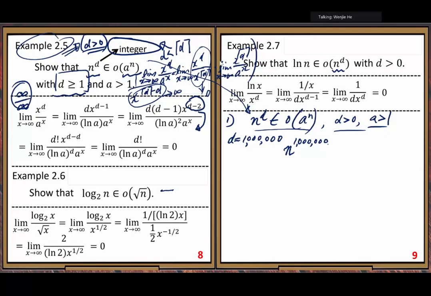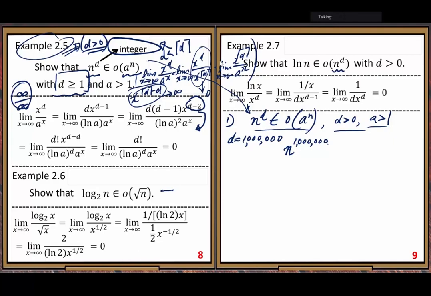Think about how large this function is. We know the power function grows very fast. n to the 1 millionth, very fast.